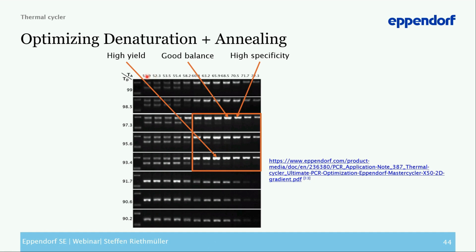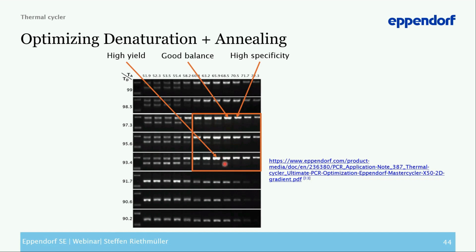Here you have the different annealing temperatures which have been tested and the different denaturation temperatures that have been tested. What we want to have is a clear, nice band shown here and no second smaller band, which is unspecific signal.